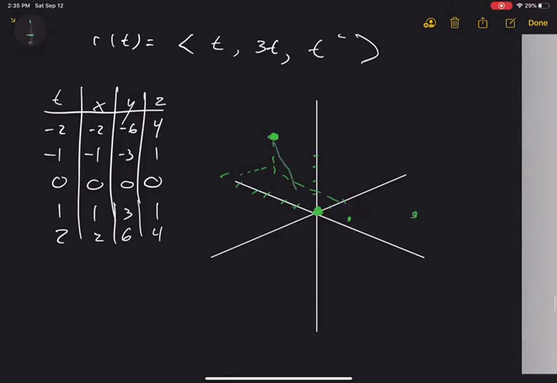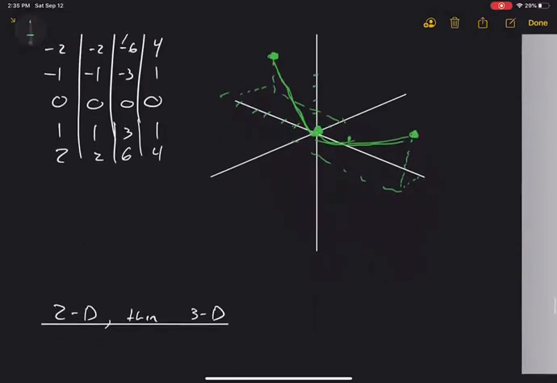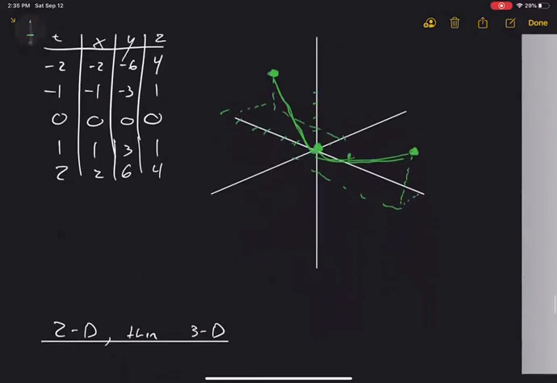So it looks like I'm kind of coming this way. Okay, and so this point, for example, would be at 6, 2 on the x-axis, and then 4. Okay, so very similar to what we've already seen. But it's just a matter of plotting points and connecting them. Okay, so that's fairly straightforward.